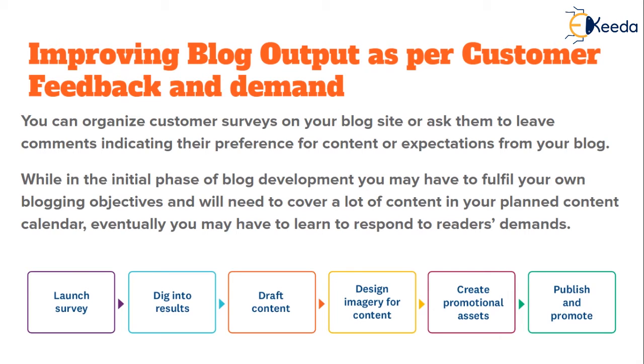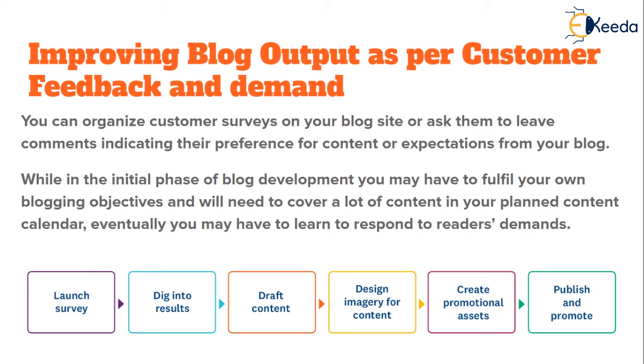A great and easy way to do it is to launch a survey in the comment section of your most successful blog post, or perhaps design a landing page in the form of a survey form for your readers to see and respond to. Whatever results it generates, the survey's objective should be finding out what your readers would like to read about, what your blog subscribers would like to consume as the form of content that you're presenting through the blog.